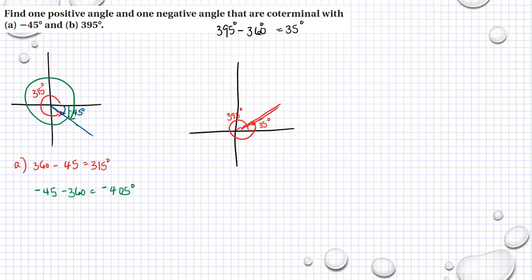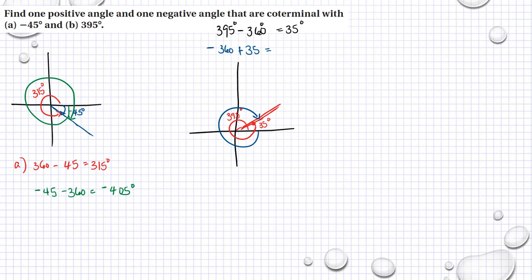So for another pen, another color, what I should say, then you have that. Then you have 360 minus 35, or negative 360 plus 35.